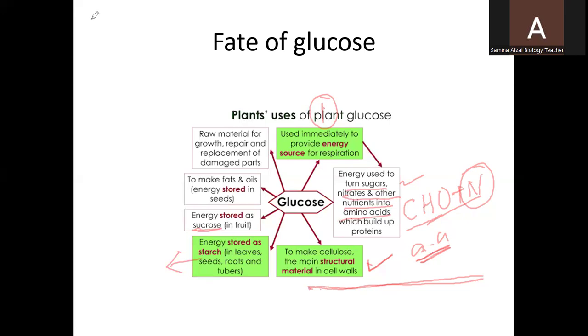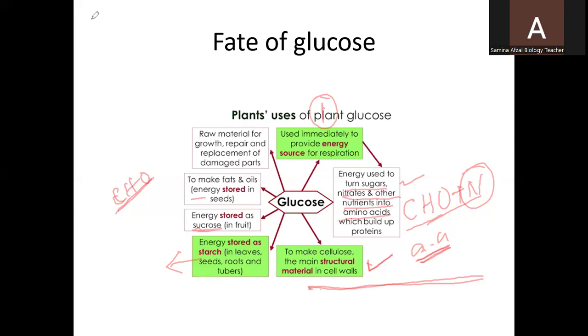Then to make fats and oils, energy stored in the seeds. You know, seeds have fats and oils in them, and carbon, hydrogen, and oxygen are the three elements which are also present in fats and oils. But the ratio of carbon, hydrogen, and oxygen is different from that in carbohydrates.